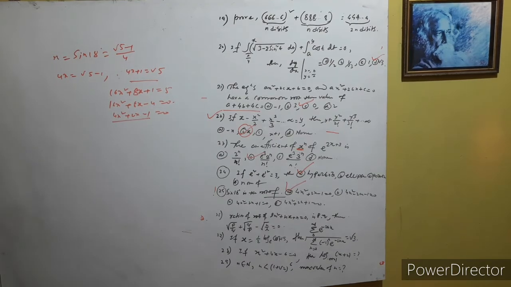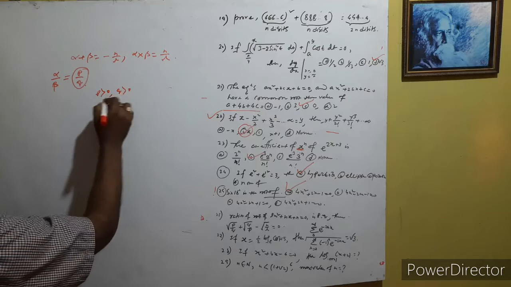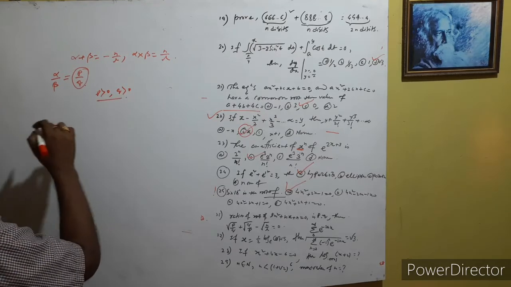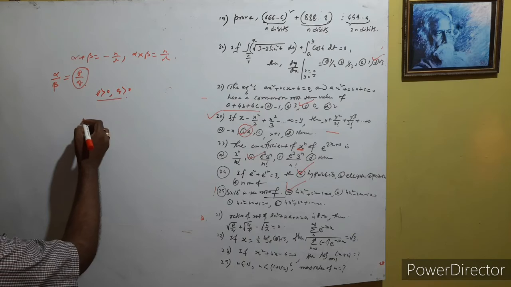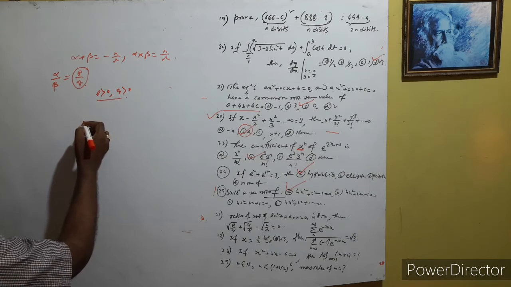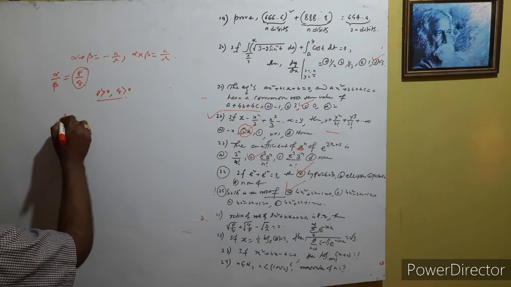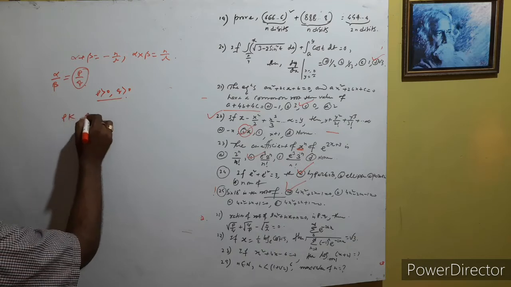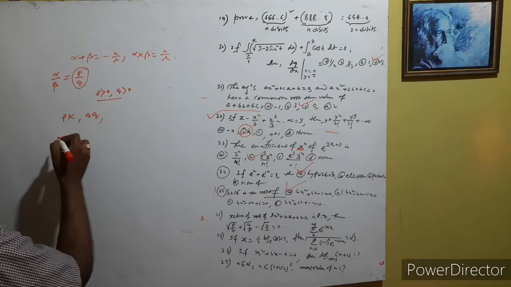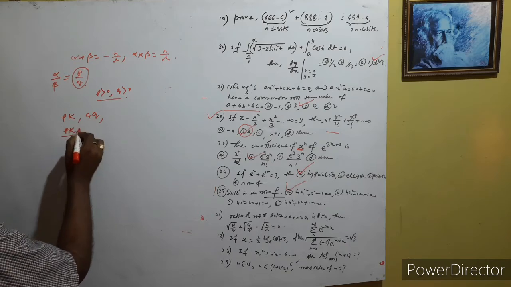And now for question number 26. If p greater than 0, q greater than 0, then the roots are pk and qk.